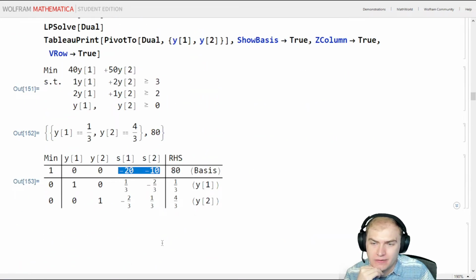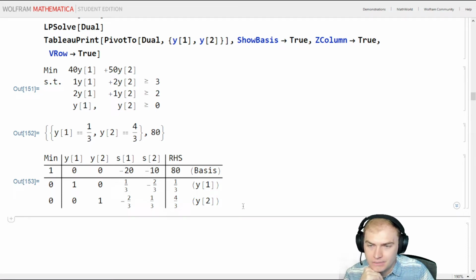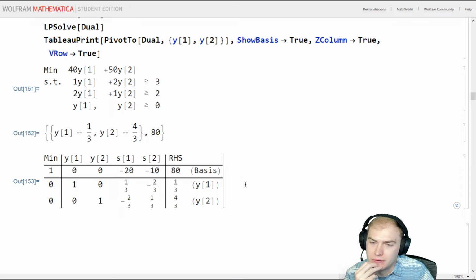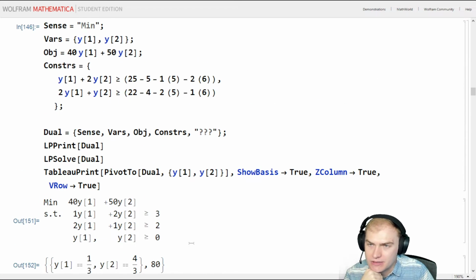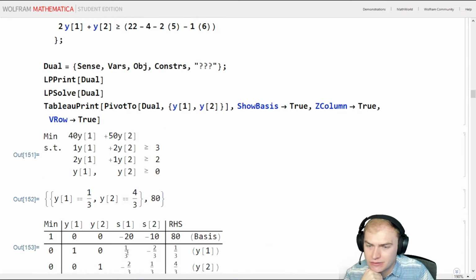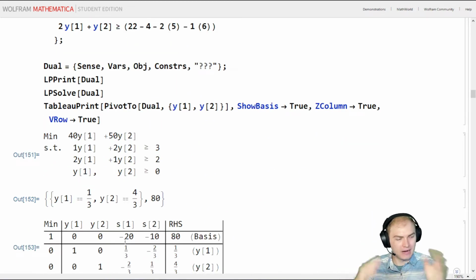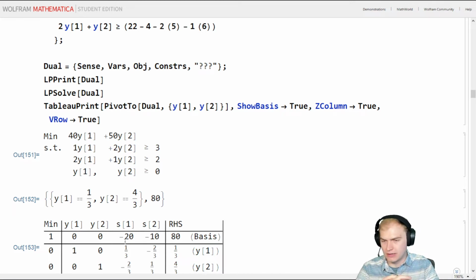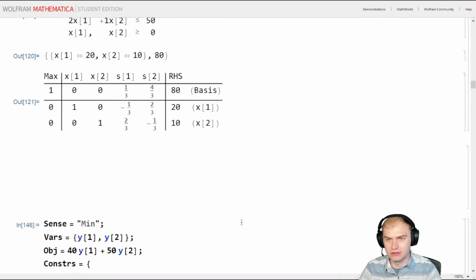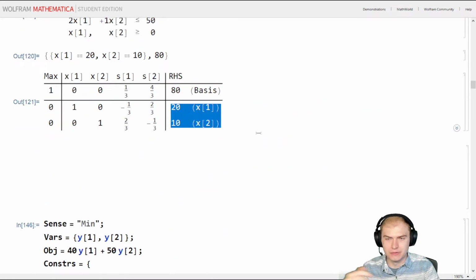But if we have a positive in the reduced cost row for a minimization, then that means we're not optimal. So I suppose if we're converting a minimize to a maximize, or a minimize has a maximize dual, the reduced cost row will be the negative of the value column for the primal.